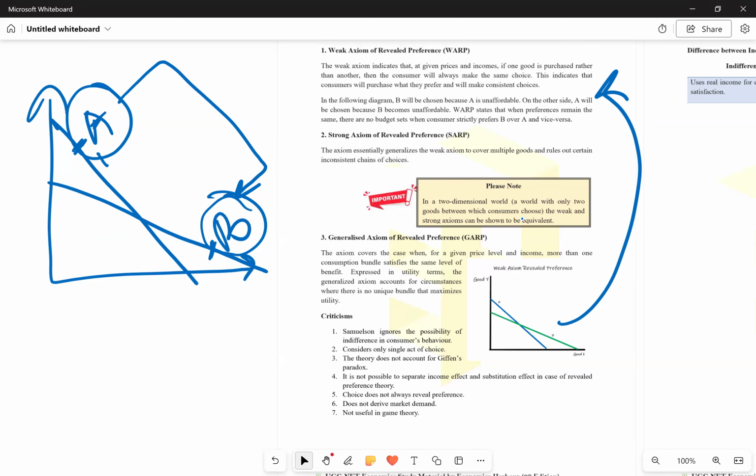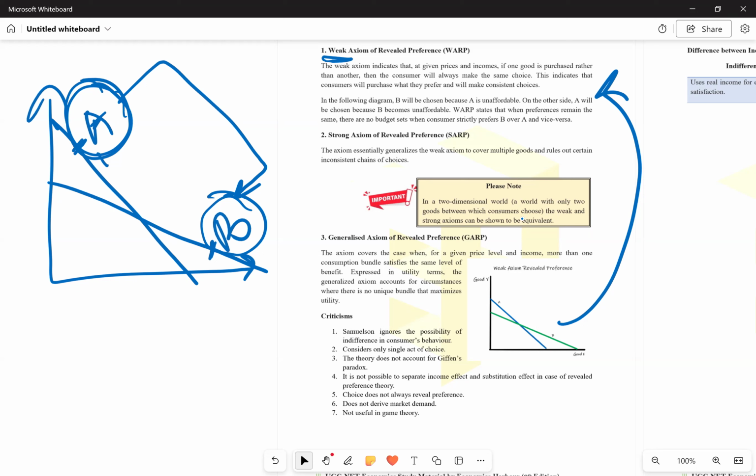A will be preferred when B is not affordable, and B will be preferred when A is not affordable, right? The term weak suggests that because of this unaffordability issue, we cannot actually reveal the preference of the consumer. It is difficult to identify which choice the consumer will make all the time.